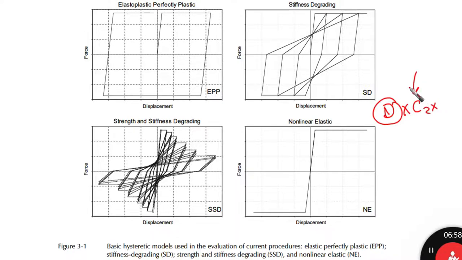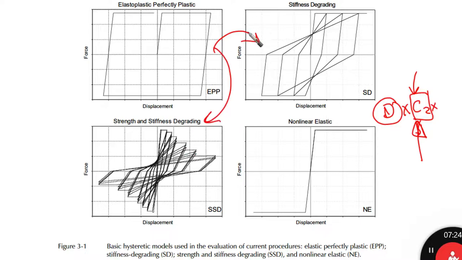C2 takes into consideration a very important concept, which is what hysteretic rule is suitable and governing the single degree of freedom system, and what the differences between them are. They took the EPP as a benchmark reference and compared it with the other models.